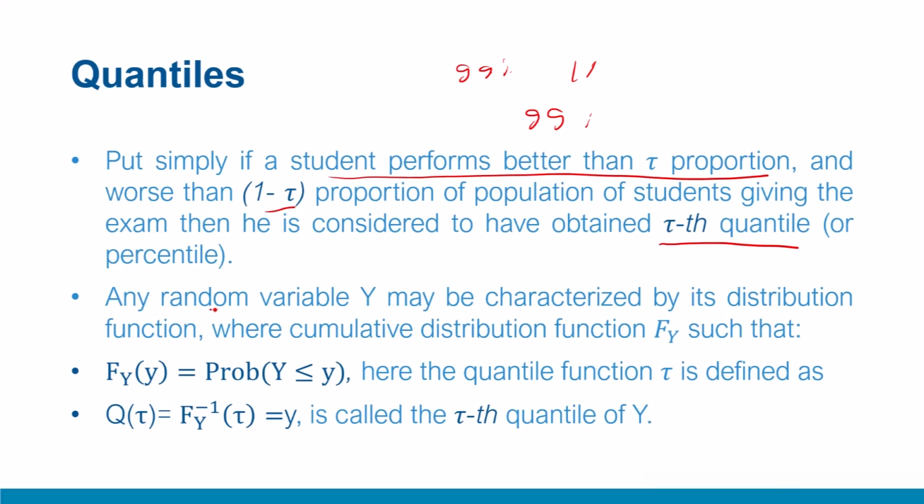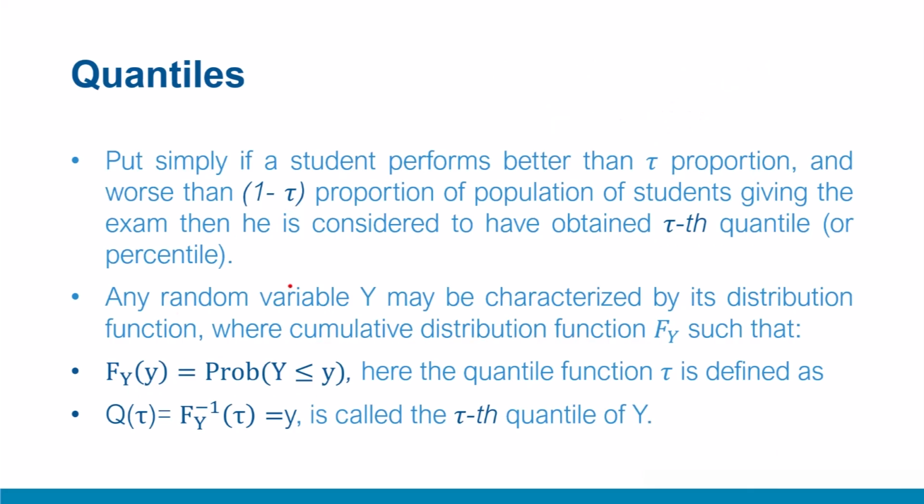Now, any random variable can be characterized by its distribution. So all the variables have their distributions, and you also express it in the form of cumulative distribution function F_y, where F_y equals the probability of Y less than or equal to y. So here a cumulative function is nothing but the total probability of all the y's that are less than a given y.